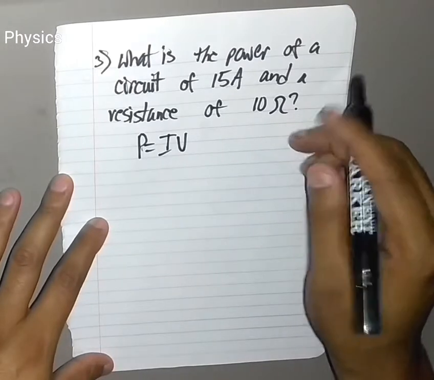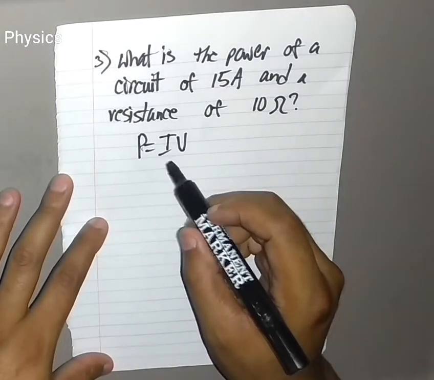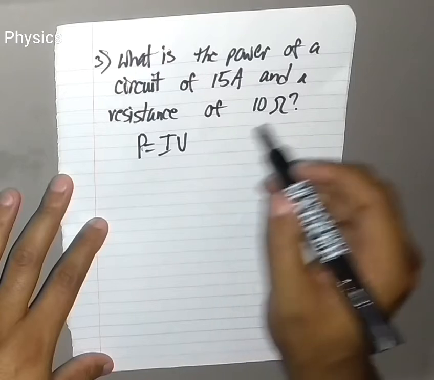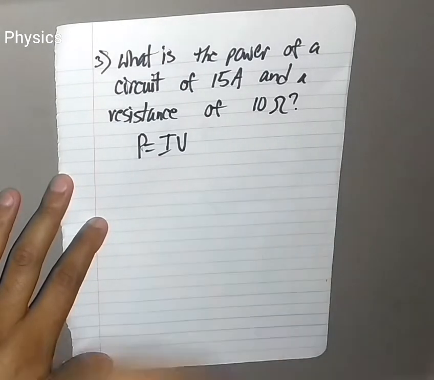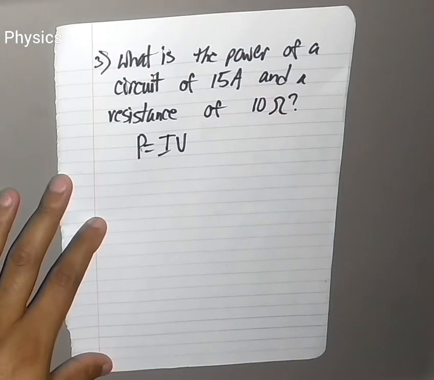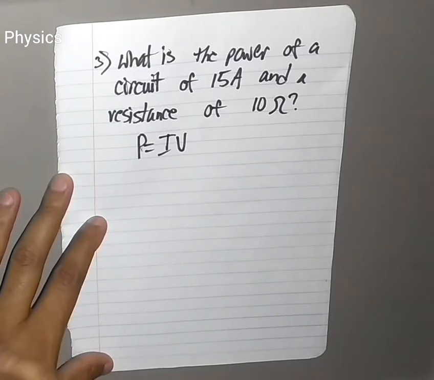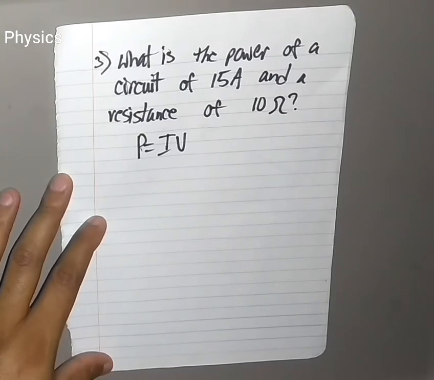I is our current and V is our voltage. At this point, we're given the current and the resistance. Now we want to manipulate the equation so that only the given variables appear, and then we can substitute Ohm's law for voltage.